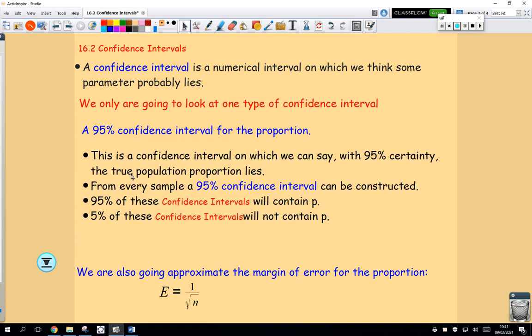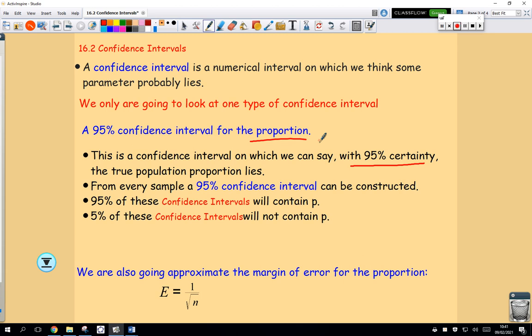A couple of things about that. It's a confidence interval in which we can say with 95% certainty, so that's why we call it a 95% confidence interval. We'll be 95% certain that the true population proportion lies on the confidence interval that we're going to develop.